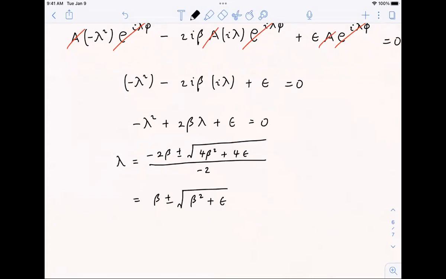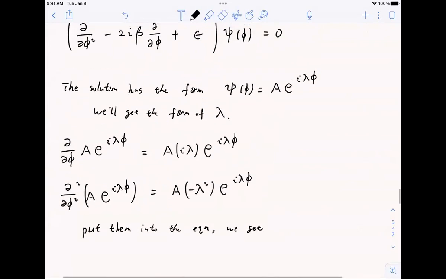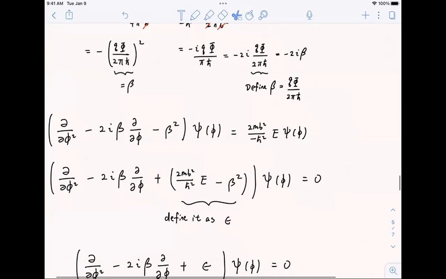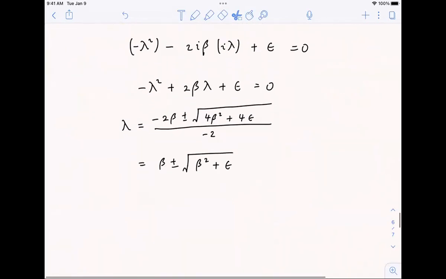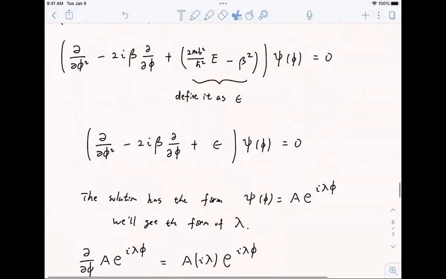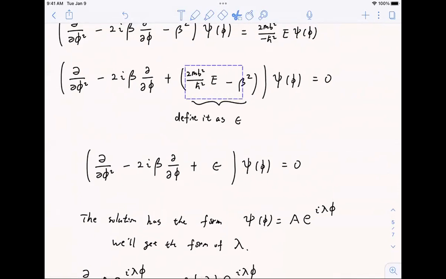You get this. Okay, so let's recall the definition. Let's record this definition. This is beta, and then epsilon is this thing.